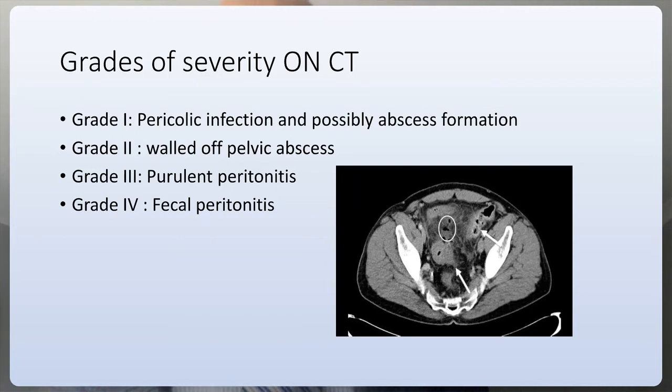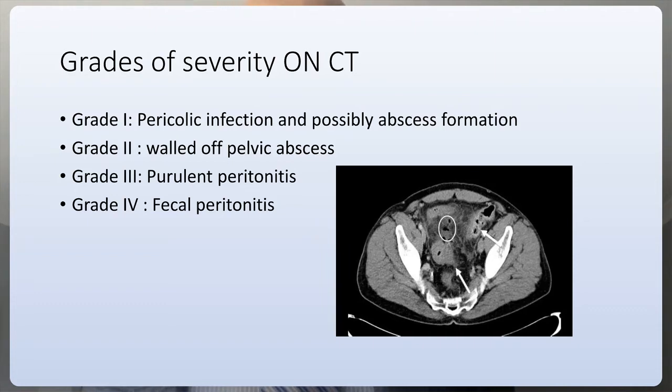Now, grade 2 is usually an abscess formation, and that abscess is usually in the pelvic region, and it would be a walled off abscess, which might be suitable for percutaneous drainage.